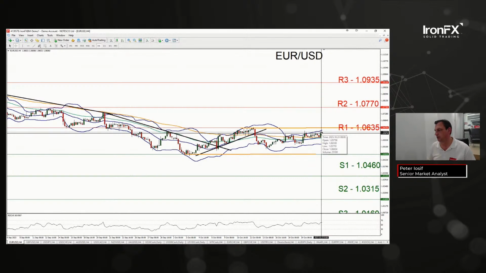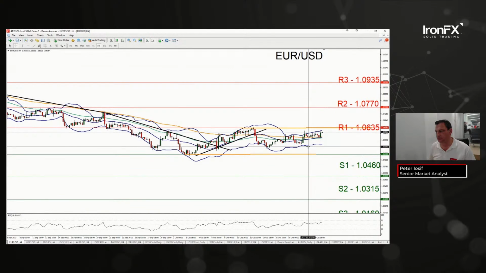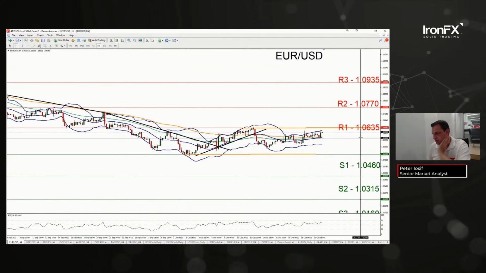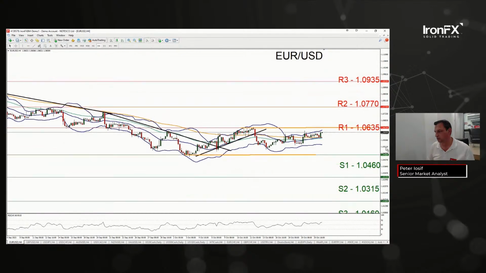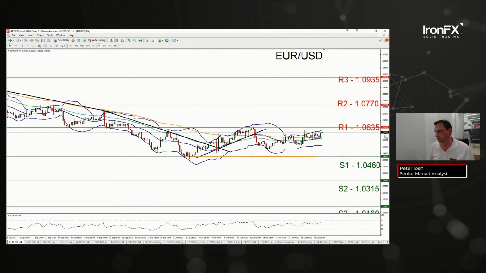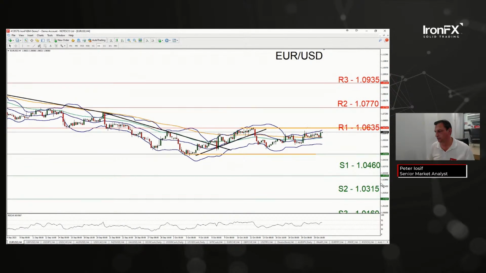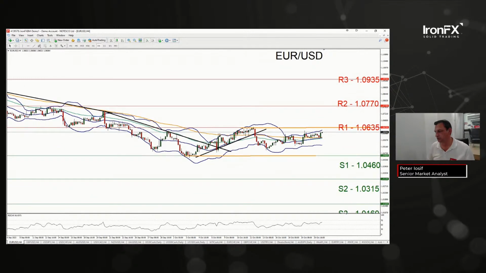Okay, so we maintain, or if you prefer, EUR/USD maintains the sideways motion, yet there are some slight bullish tendencies which are present and should be noted. But before we start, let's comment a little bit on the current direction.